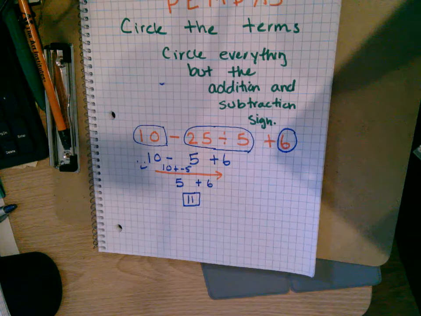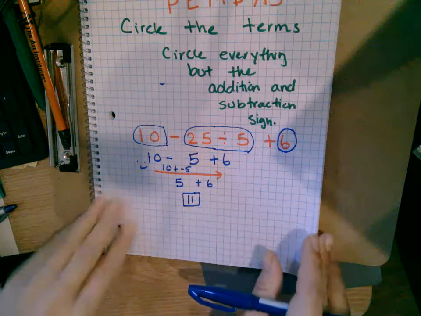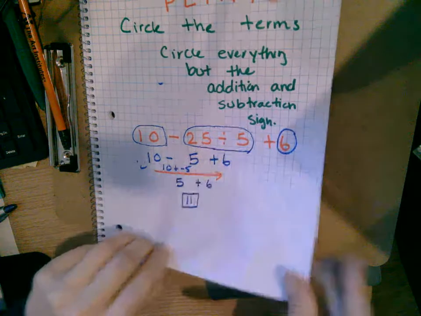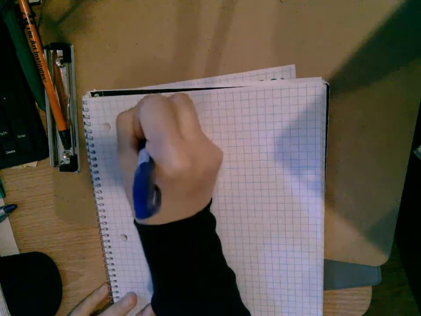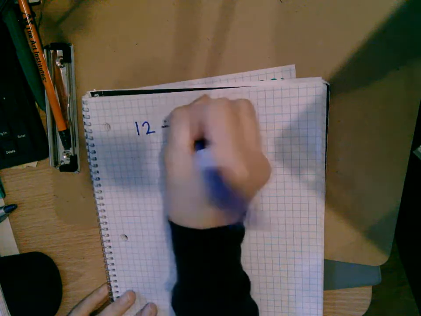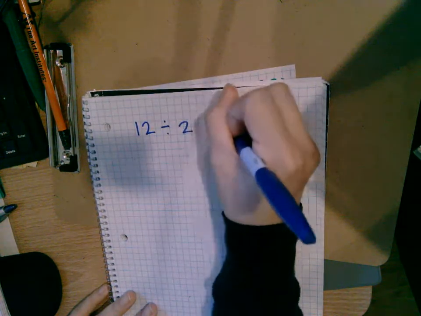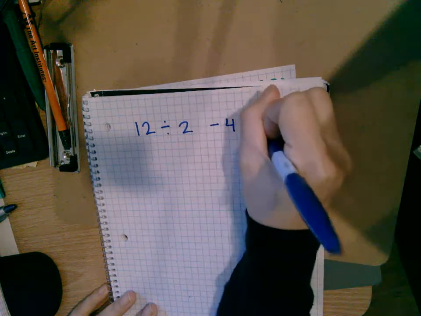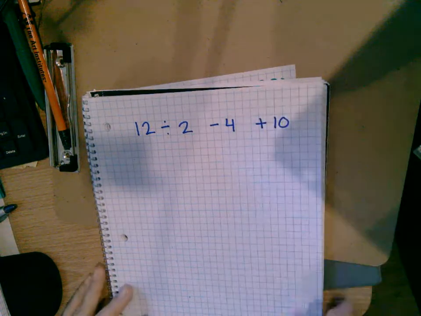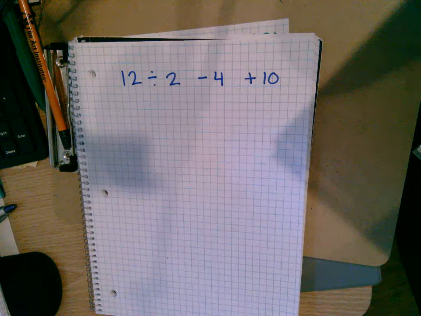All right. Okay. I'm going to do some more examples and then we'll be working on our own on a couple of things. All right. Let's try doing this one. 12 divided by 2 minus 4 plus 10. Okay.